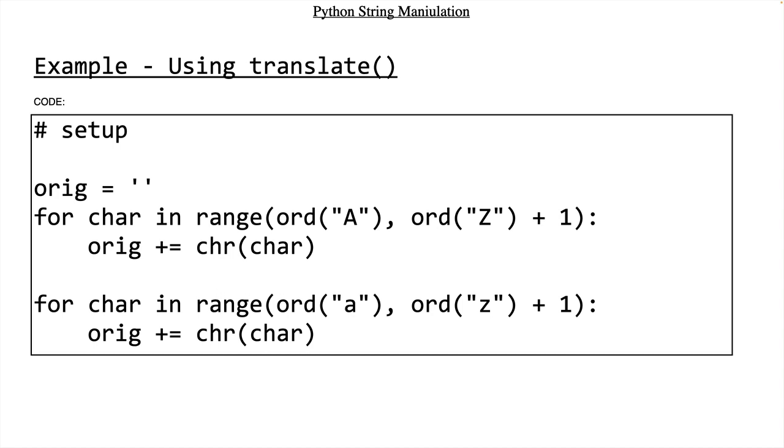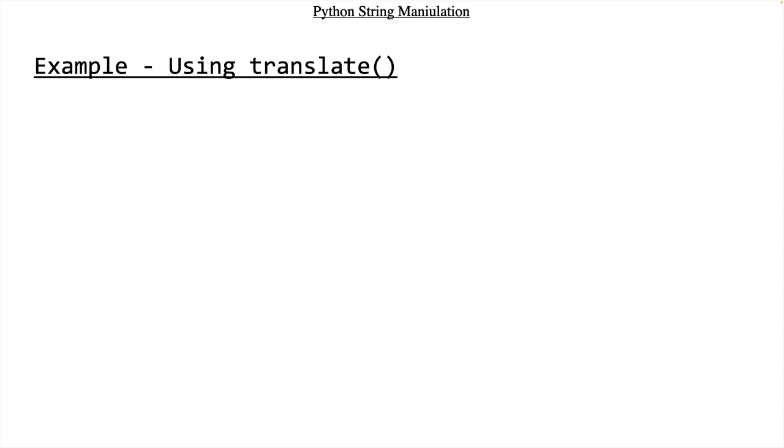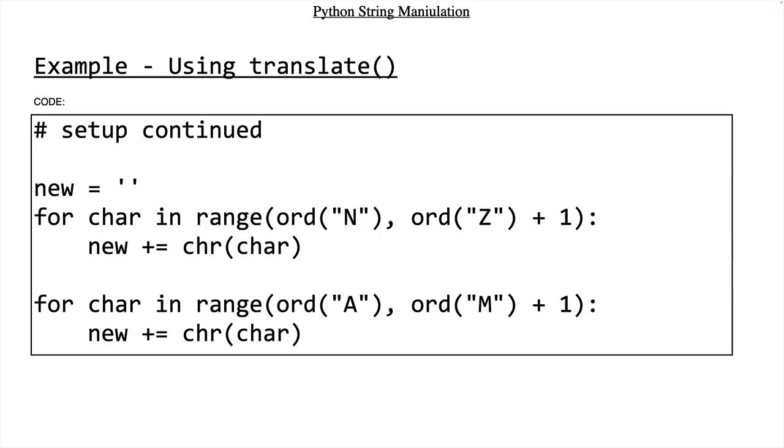So what I have here is I'm basically, like I did in the previous example, building a string called orig, that's going to have all the capital letters followed by all the lowercase letters. And then I'm going to do the same thing, or at least a similar thing, for the variable new.